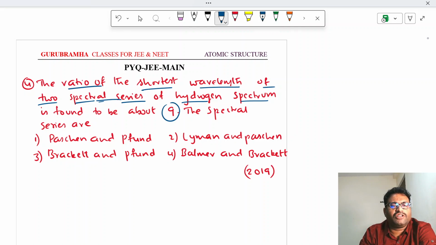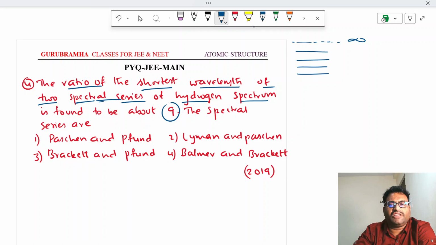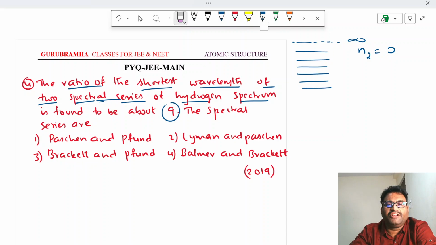These are the energy levels, up to infinity. Shortest wavelength means maximum energy difference. If it has to be maximum energy difference, always we need to take N2 equal to infinity. N2 must be taken as infinity.